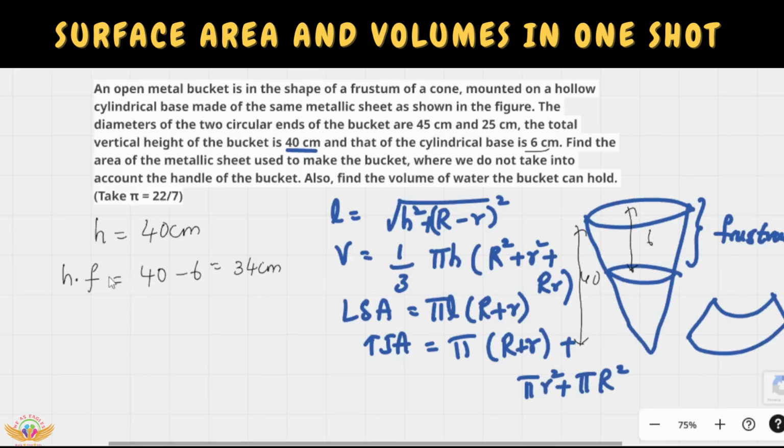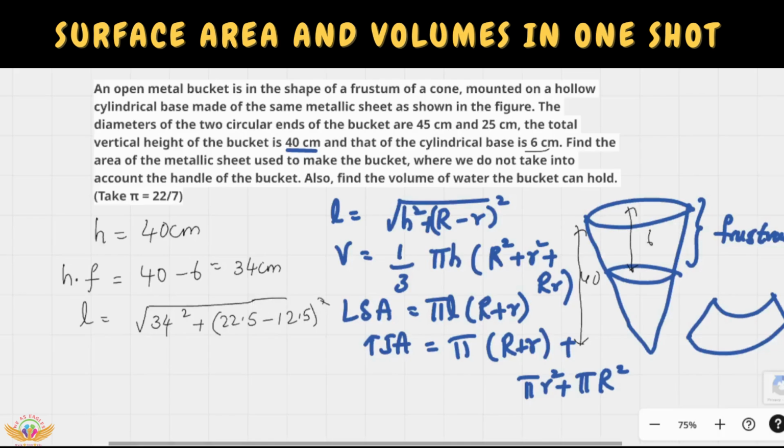Now we have to find out the slant height. What is L? L is equal to the root of height squared plus (R minus r) squared. So 34 squared plus (22.5 minus 12.5) squared.